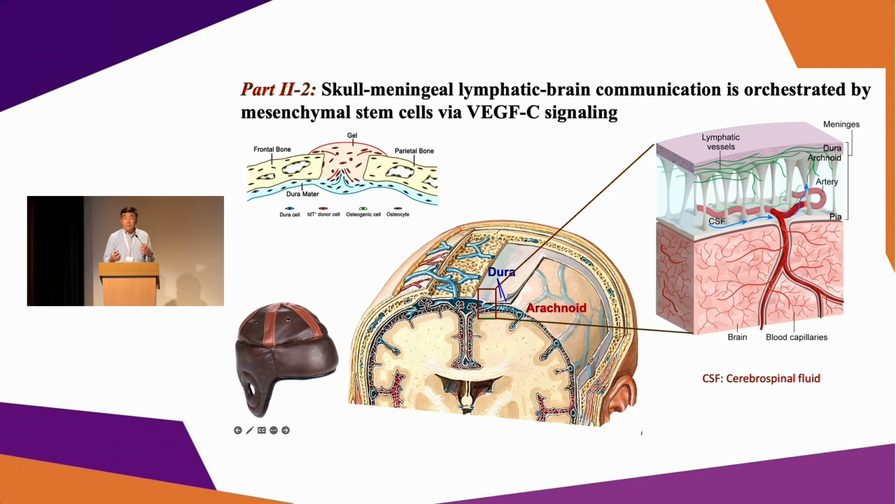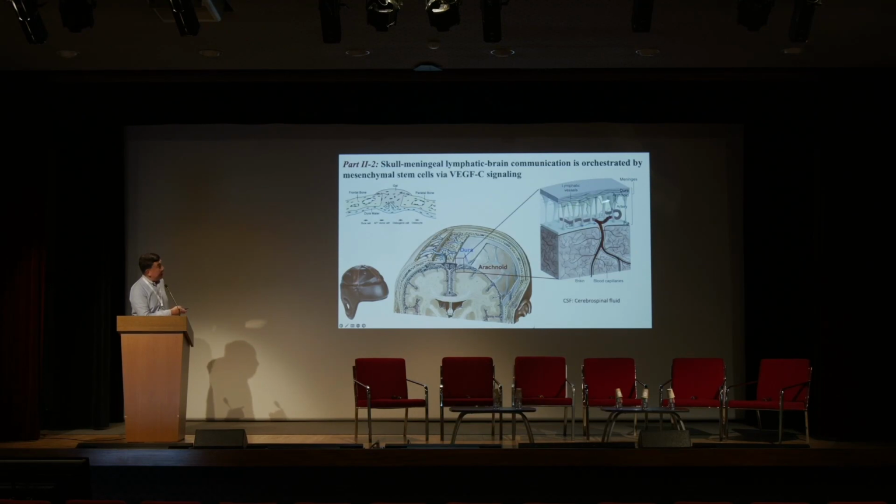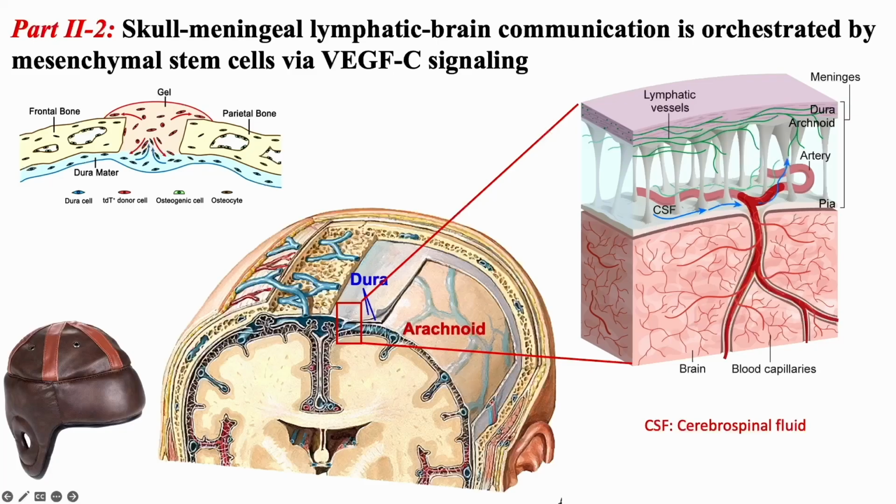So if you follow the recent literature in the last 10 years, there have been a lot of studies describing the lymphatic system residing within the meninges. When you look at the 3 layers of the meninges, the dura has the outer and inner layer.